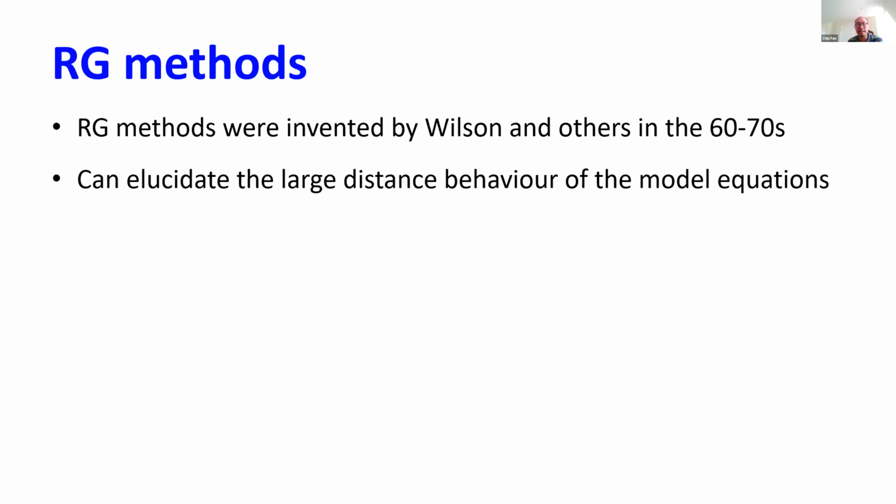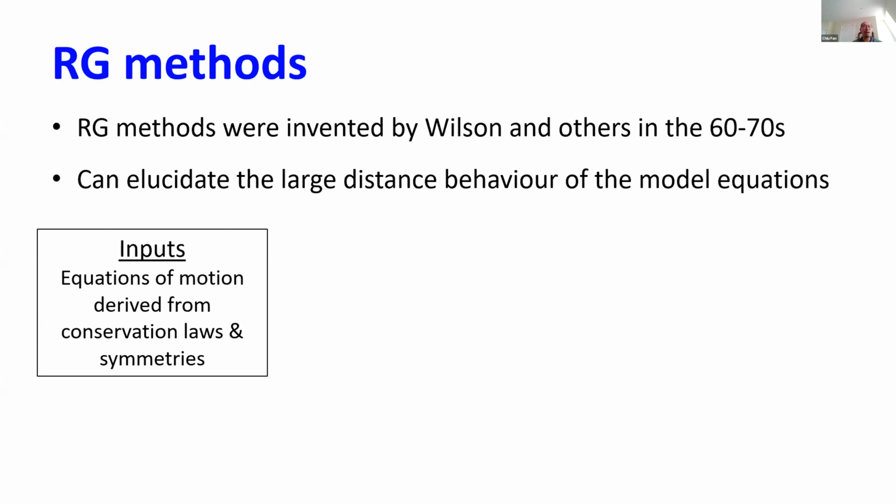That's described by some model equations. So specifically, what we do is that we have as input the set of equations of motion that describe the system, and the equations of motion themselves are derived from conservation laws and symmetries. Now, I say equations of motion because I'm looking at non-equilibrium systems, typically non-equilibrium systems in biology. But for a thermal system, you would start with a Hamiltonian or a free energy that is constrained by the conservation laws and symmetries.